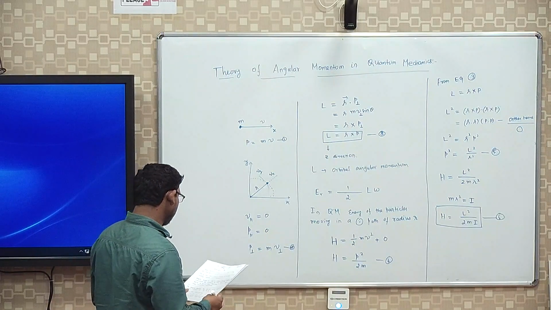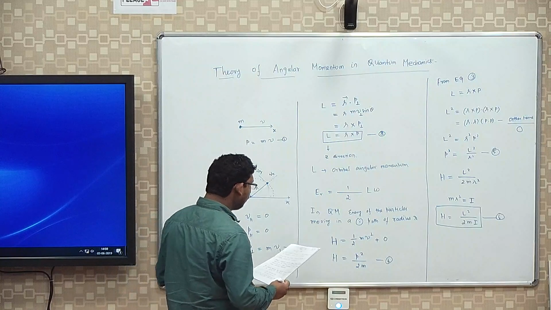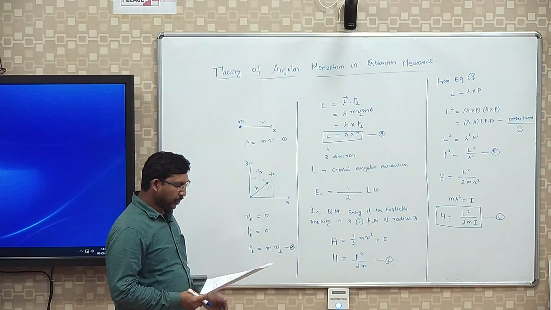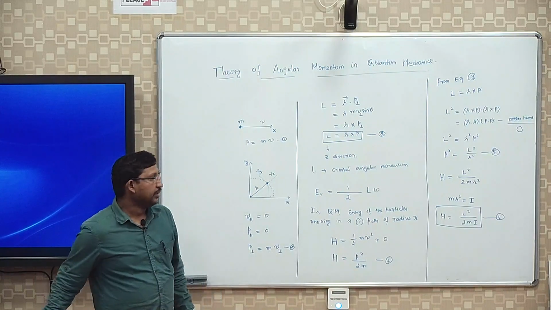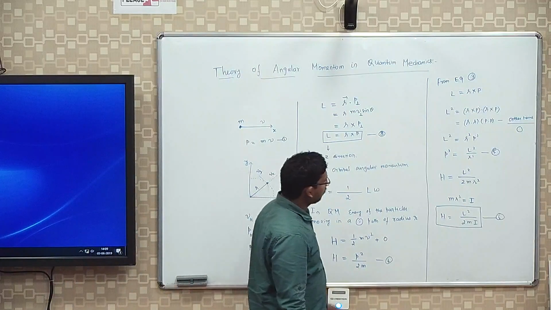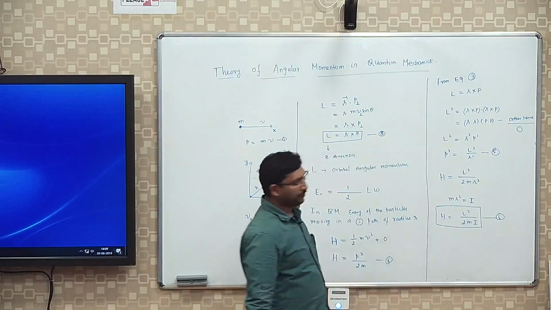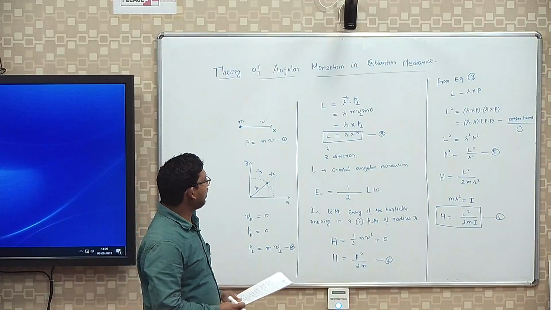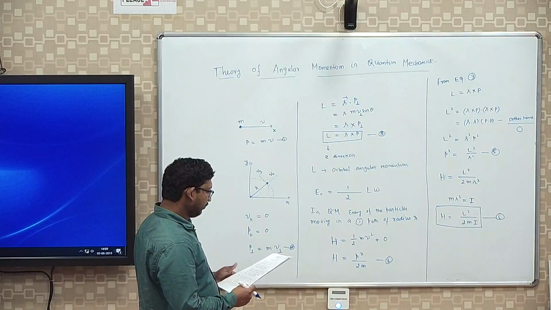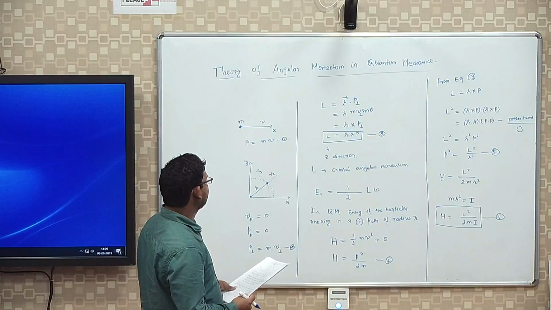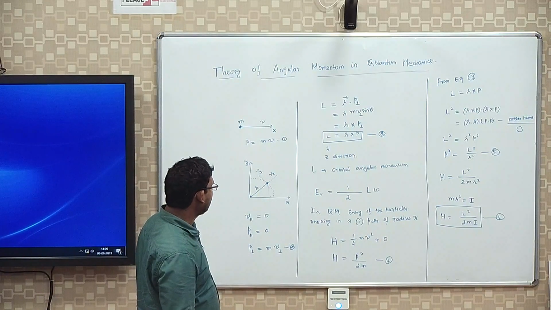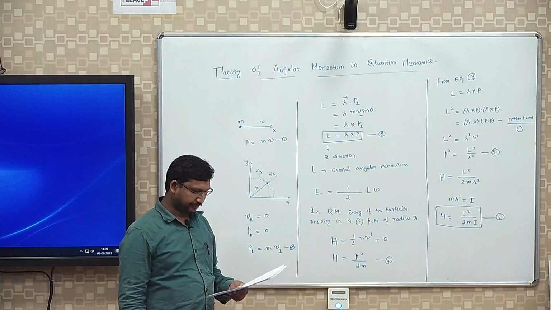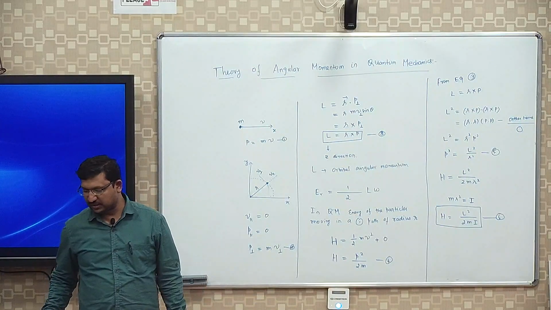So it's clear that angular momentum of the particle in quantum mechanics plays an important role to understand the behavior of the wave function in quantum mechanics, such as motion of an electron in an atom as well as the nucleons in a nucleus under rotational symmetry.